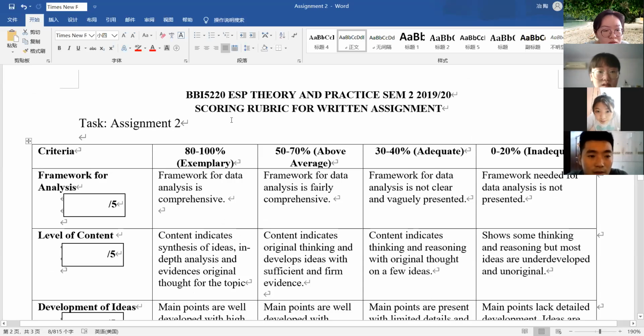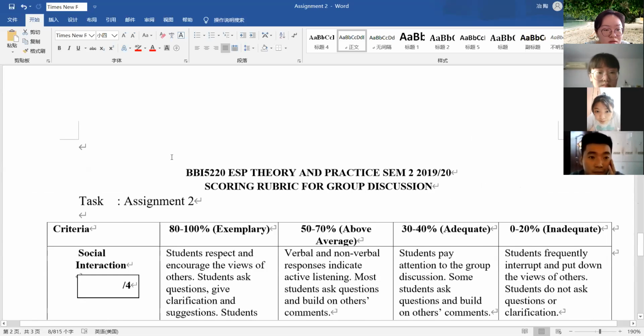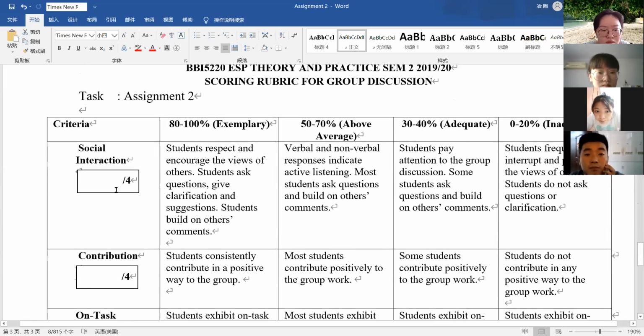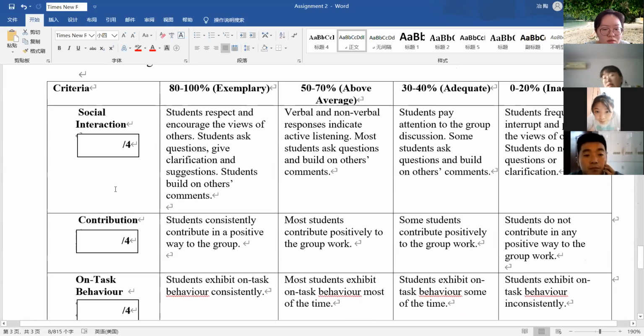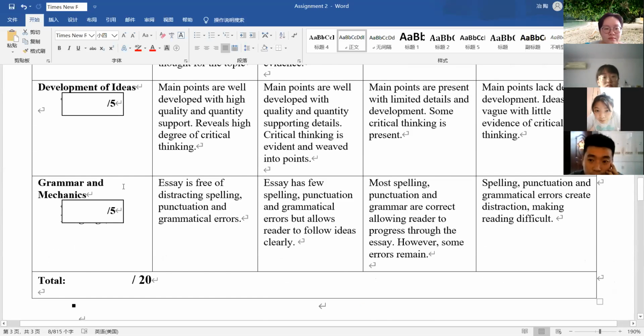This is the specific scoring rubric. So we can revise our draft and put them together according to these requirements.